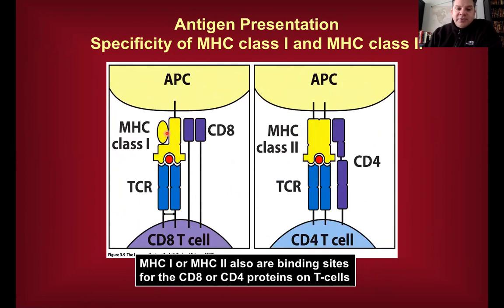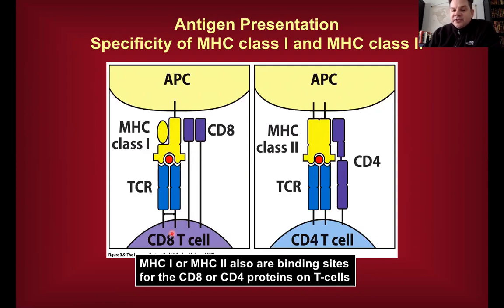You see the beta 2 microglobulin. It has the antigen here in the binding cleft. And then you see that the T cell receptor fits nice and snug against that. What holds it in place, in this instance, is CD8. So you have that tight binding between the MHC and the T cell receptor.